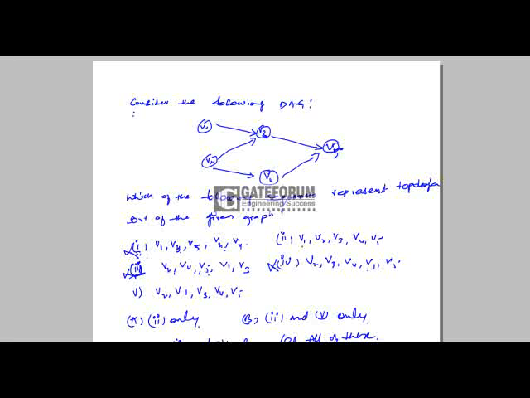If you see the second one, V1, V2, V3: V1 to V3, one path is there, V2 to V3 path is there, 3 to 4 no path, 3 to 5 path is there. So we can say the second is correct, and in a similar way the fifth is also correct. So your correct option is option B.